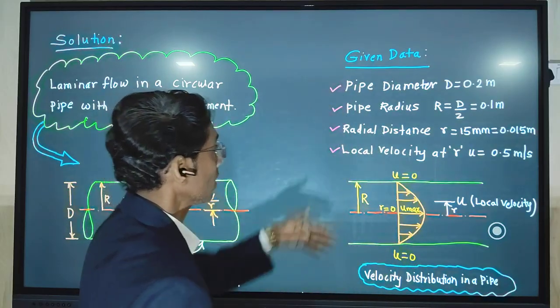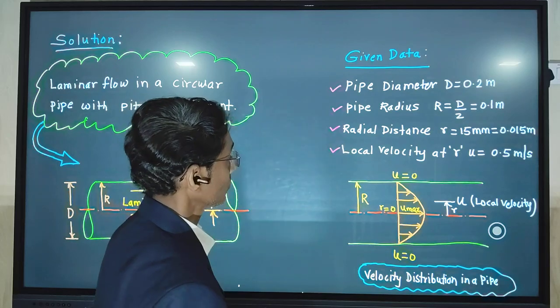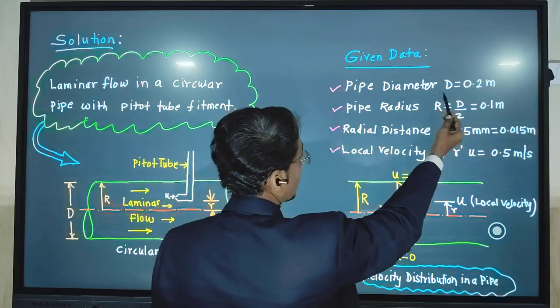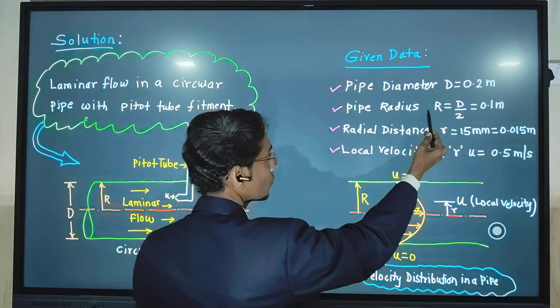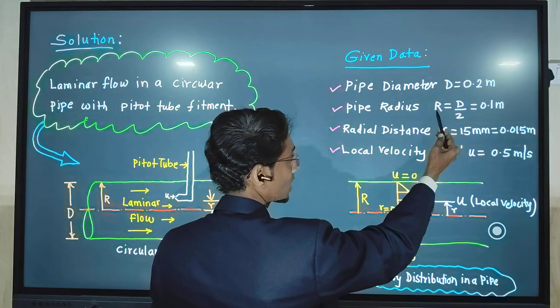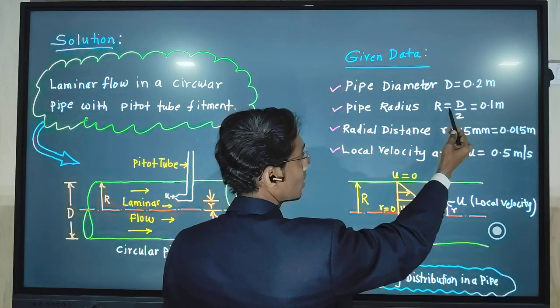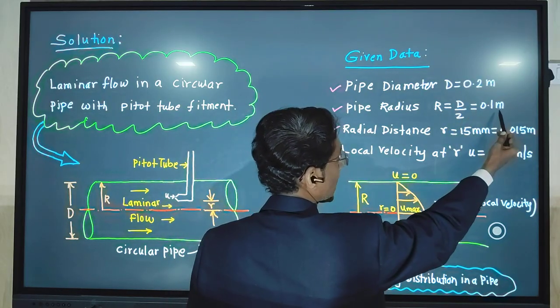Here we can see the data given in the statement and listed. This is pipe diameter in meter. For the calculation purpose, in the formula we need value as a radius. So radius can be calculated with the formula r is equal to capital D by 2. We find the answer in meter.